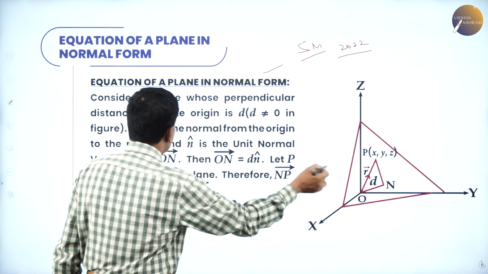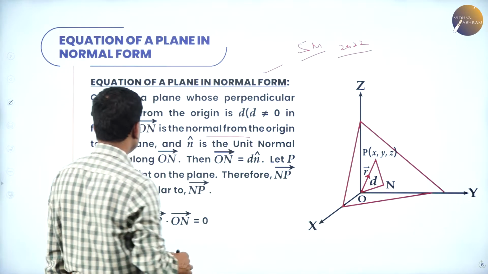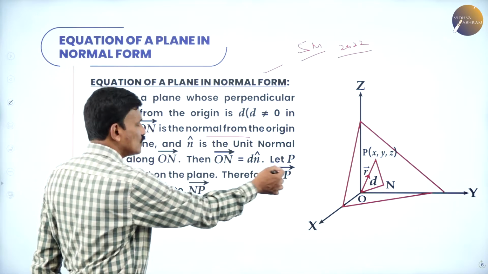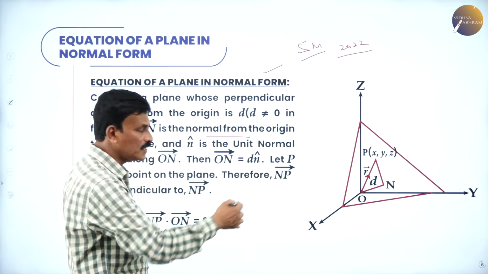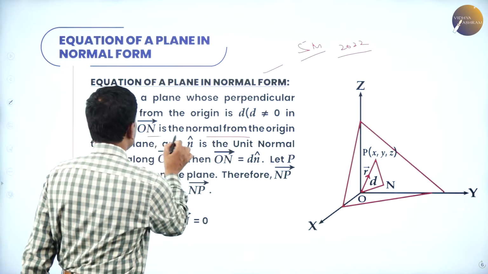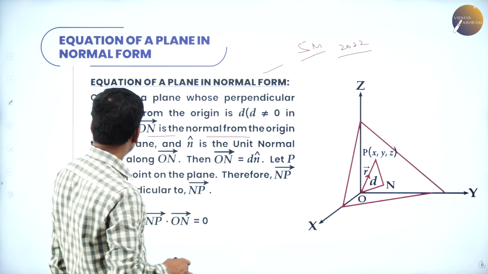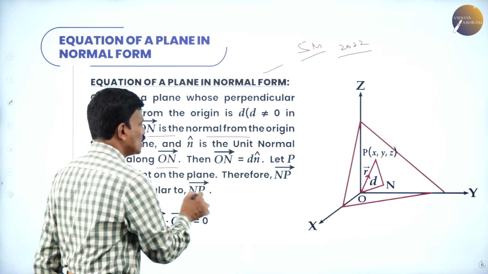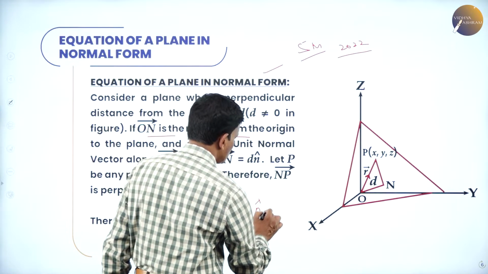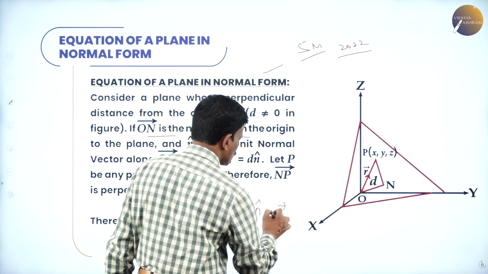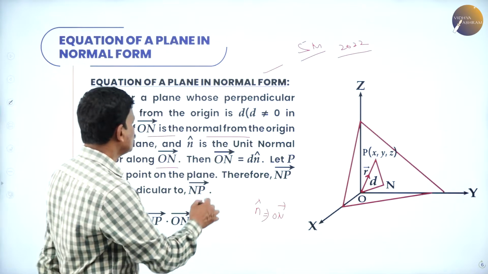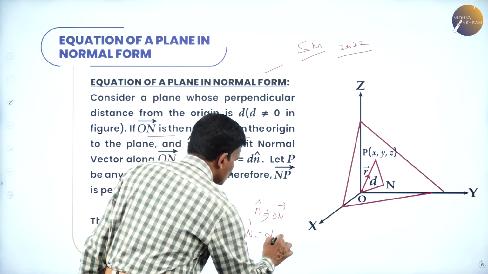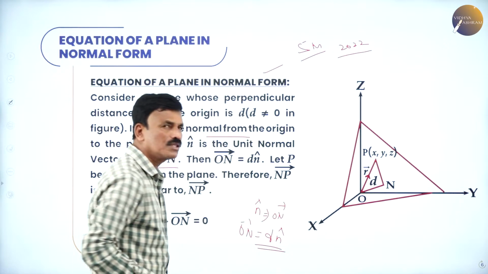Here ON is the normal from the origin to the plane, and n cap is a unit normal vector along ON. Therefore vector ON is equal to d n cap.